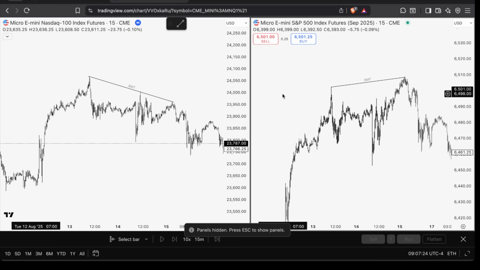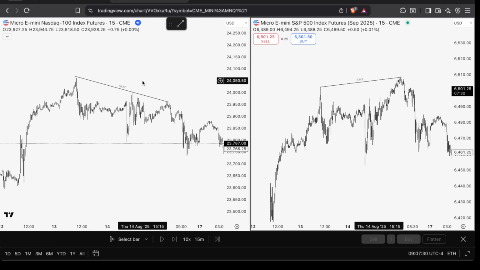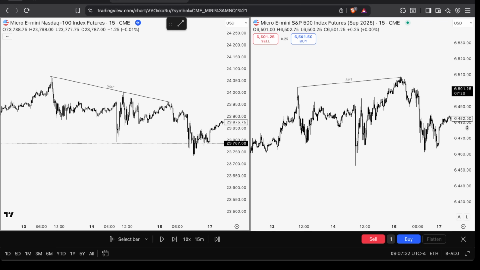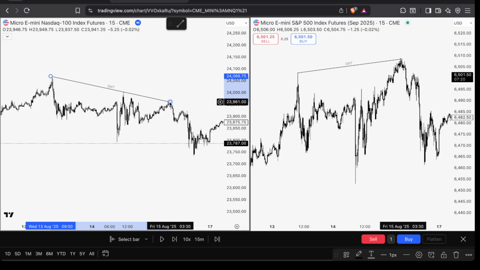Okay, so let's look at our next example. So what's happening right here? ES made a higher high, taking out this high. And Nasdaq failed to do so, creating a lower high.